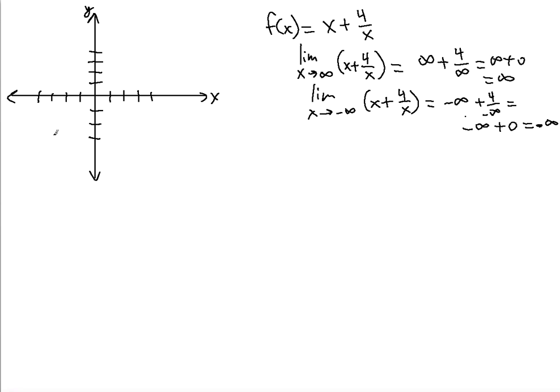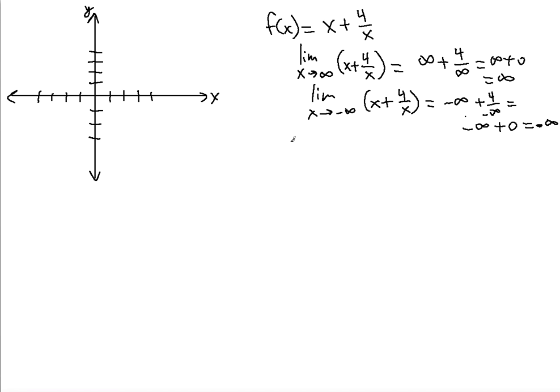So as we said, x equals 0, that's the y-axis, and that's an asymptote. That means if we try to put x equal to 0, we will get an undefined value for the function.